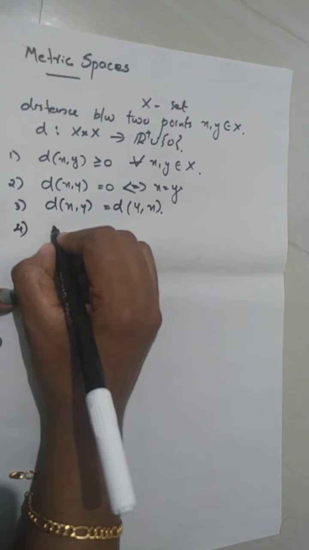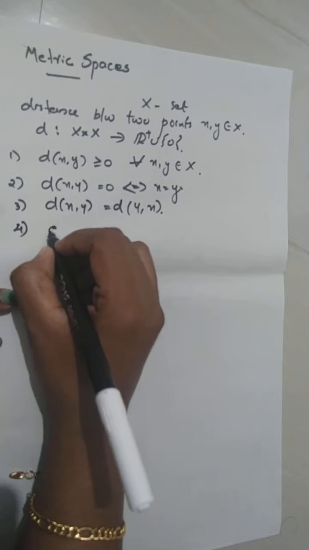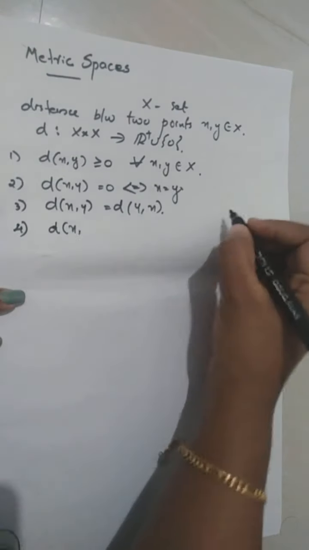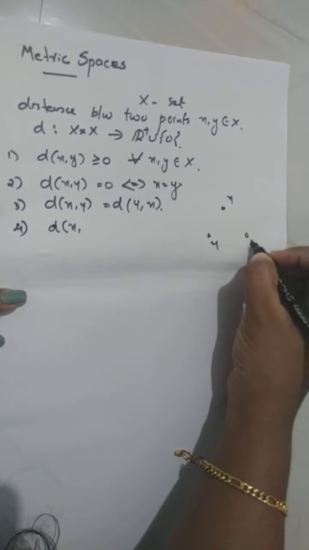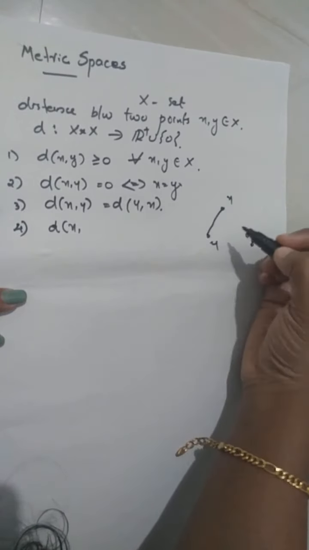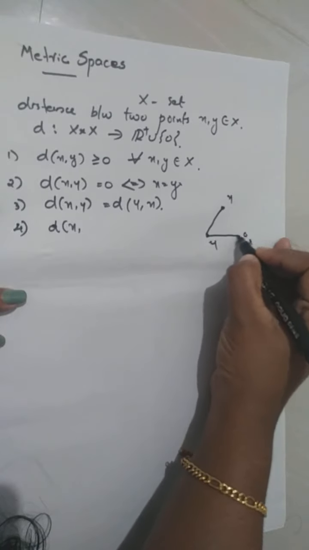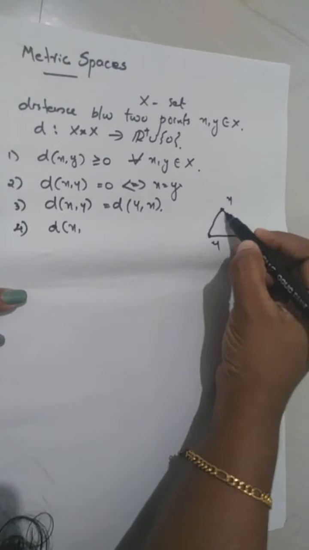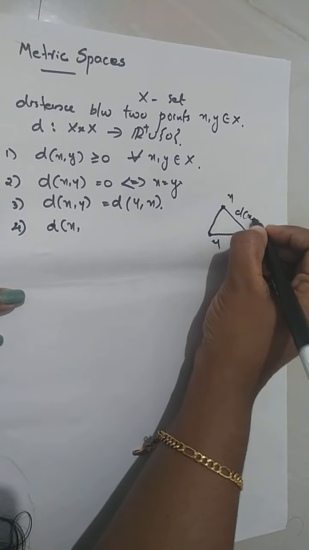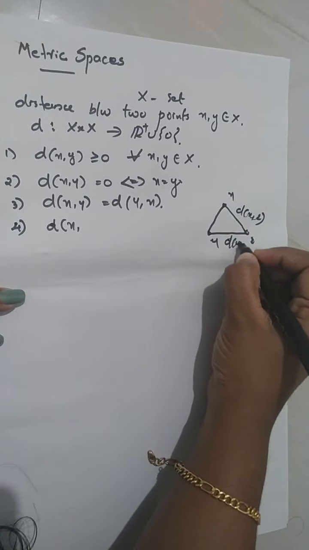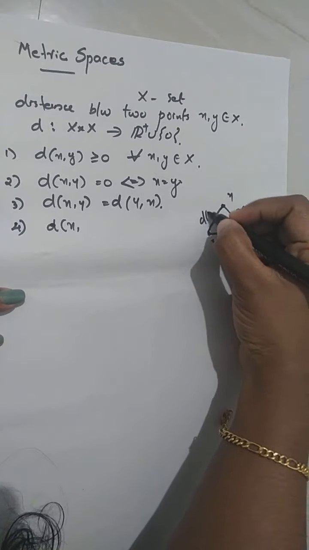And the fourth point is the triangle inequality. That means when you have three points x, y and z, you calculate the distance between x and y, the distance between y and z, and the distance between x and z. So this distance is D of (x, z), this is D of (y, z), and this is D of (x, y).